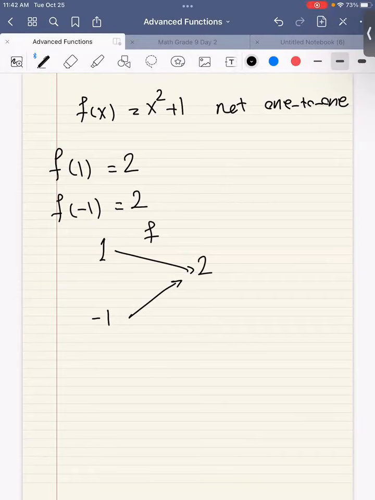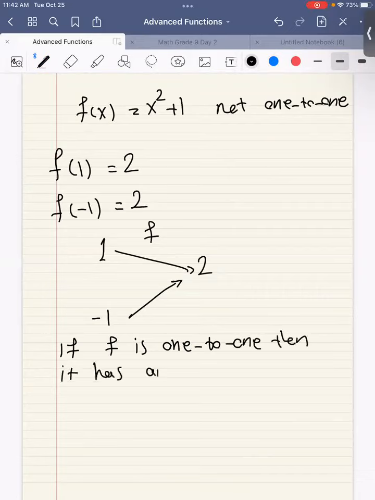So a key point about 1-to-1 functions is that if a function is 1-to-1, then it has an inverse.